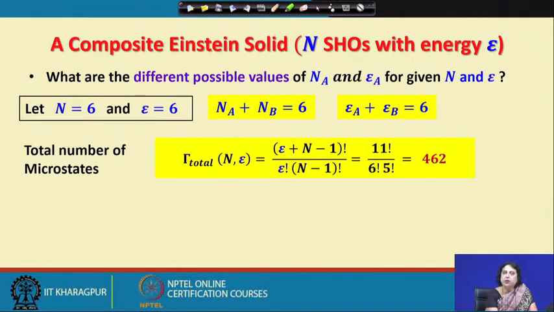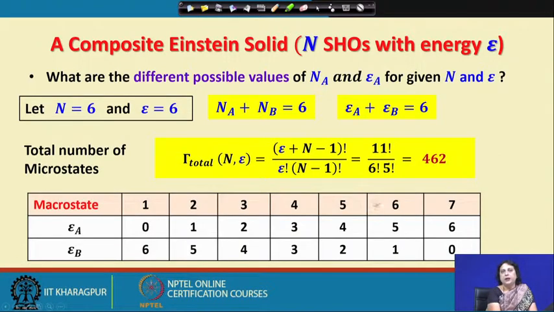This is something that you already know, but what is new here is as follows. These 462 microscopic states are now describing not all the capital N simple harmonic oscillators together.